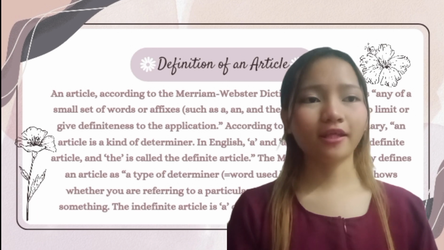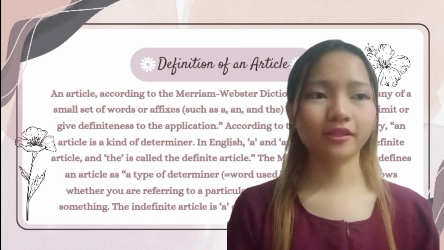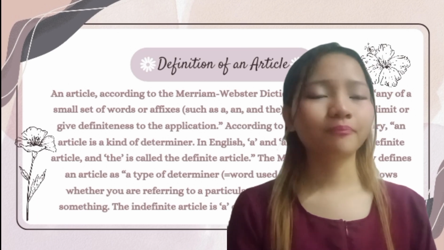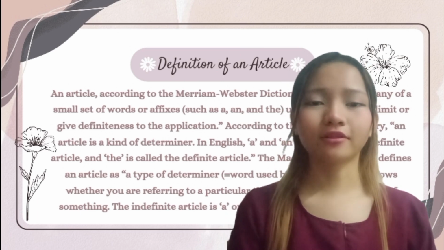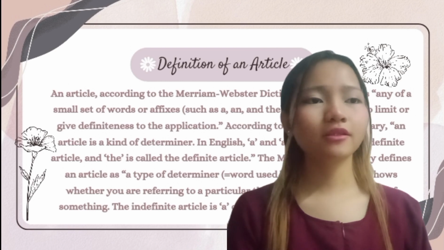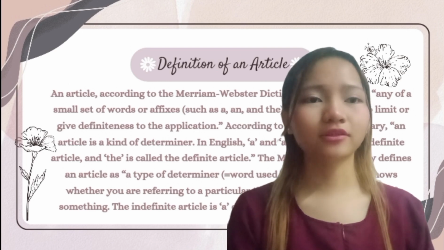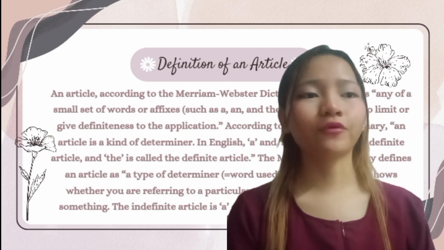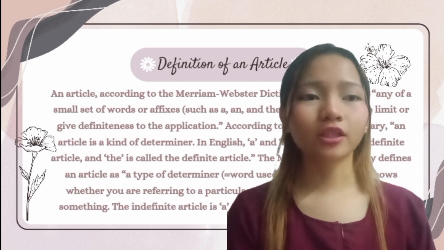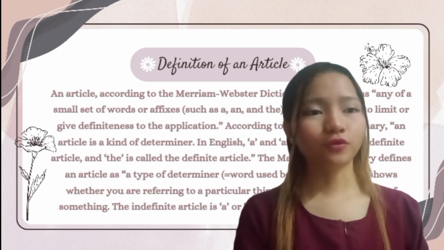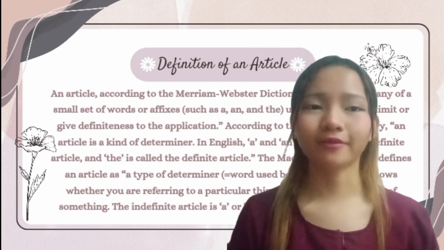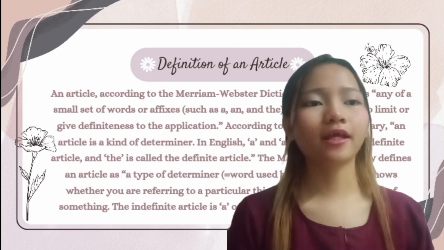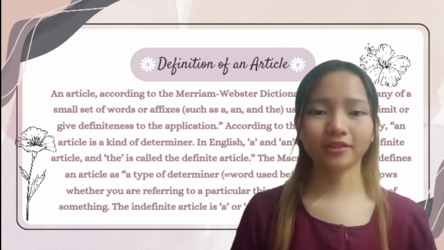In English, a and an are called the indefinite article and the is called the definite article. The Macmillan Dictionary defines an article as a type of determiner word used before a noun that shows whether you are referring to a particular thing or to a general example of something. The indefinite article is a or an and the definite article is the.